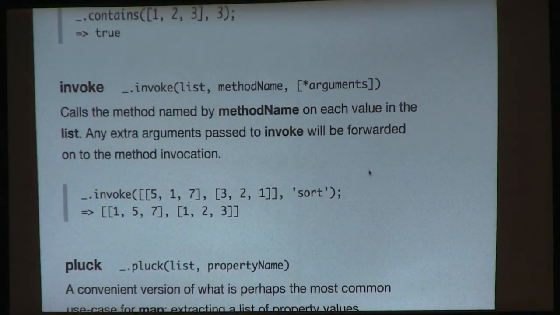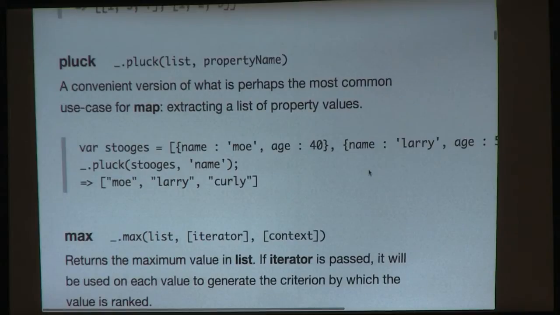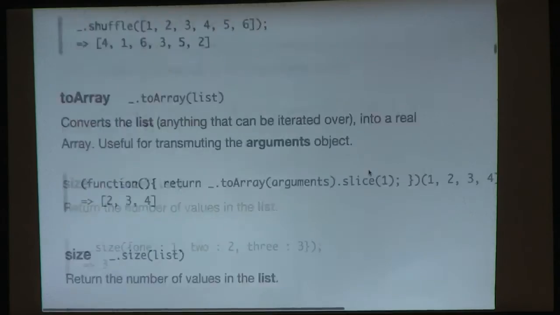Invoke is pretty cool, which is just call this method on every element passed in. This is really, really handy when we're dealing with lists of different objects, lists of instances of objects. Same with pluck, which we have in WordPress as well as WP list pluck. You give it a list of items. You say, I want all of these properties, but ignore everything else.